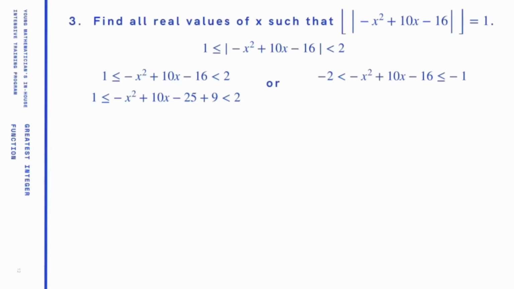Similarly to the inequality at the right, negative x squared plus 10x minus 25 plus 9. Now we can group negative x squared plus 10x minus 25 such that that expression is a perfect square. X squared minus 10x plus 25 is simply x minus 5 to be squared.